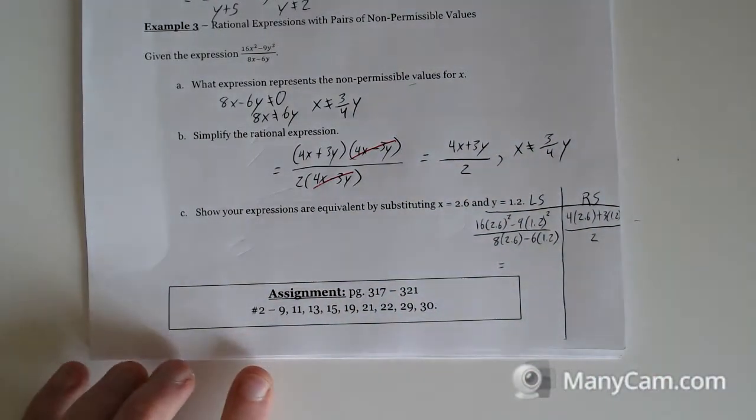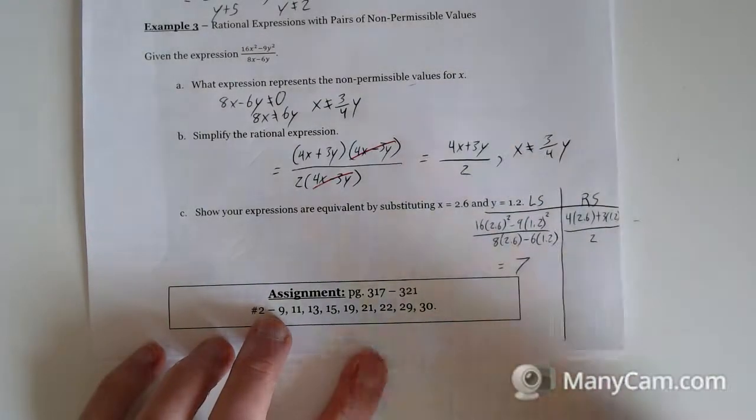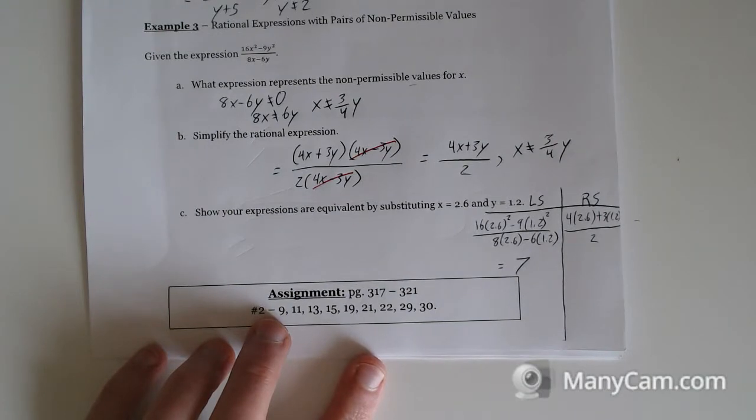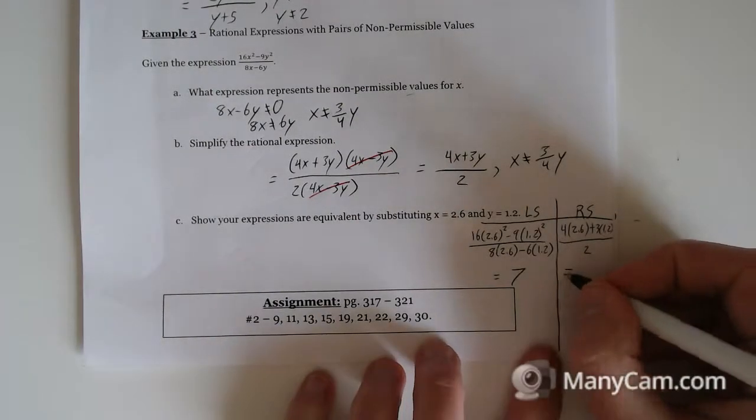And on the left side of this, we end up with the number 7 or thereabouts. Depends on how accurate you are. I assume this is rounded. Let me actually plug it in. I'll do it on the right side. On the right side, it's equal to exactly 7.